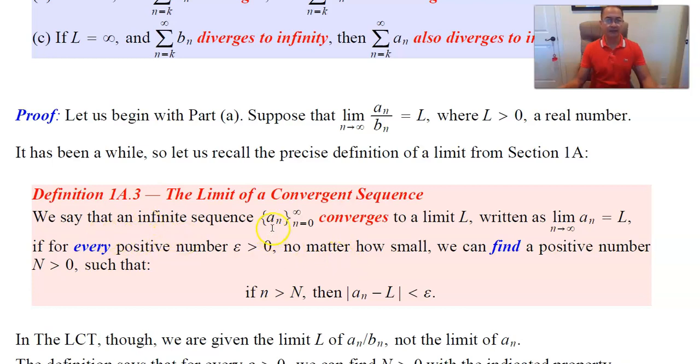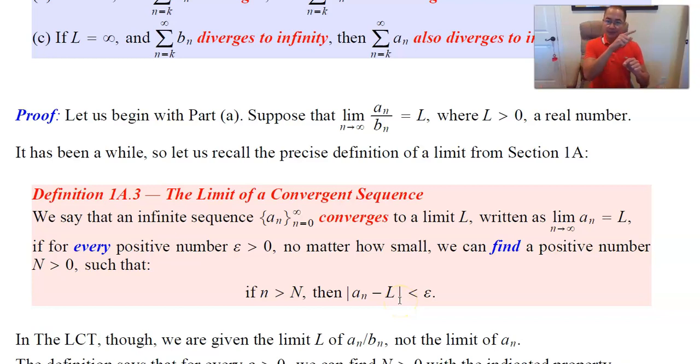We say that an infinite sequence a_n converges to a limit L, written as limit as n approaches infinity of a_n equals L, if for every positive number epsilon, no matter how small, we can find a positive number capital N, such that if the index little n is bigger than capital N, then the absolute value of the difference, a_n minus the limit, must be smaller than epsilon, right?